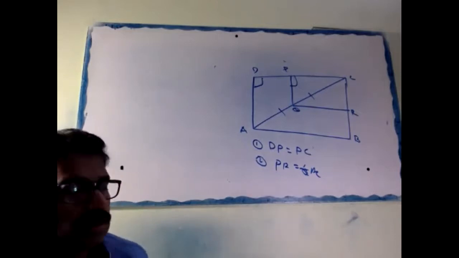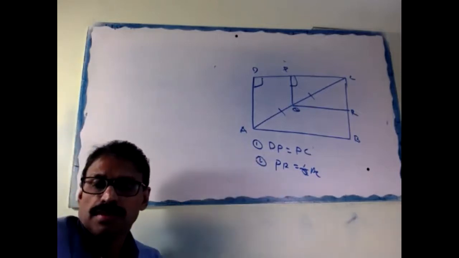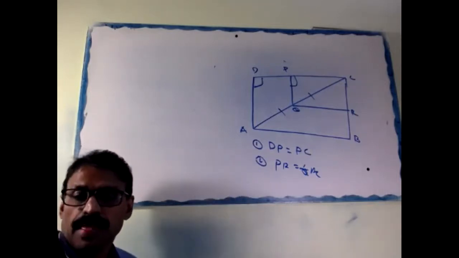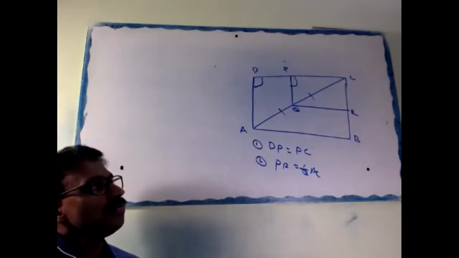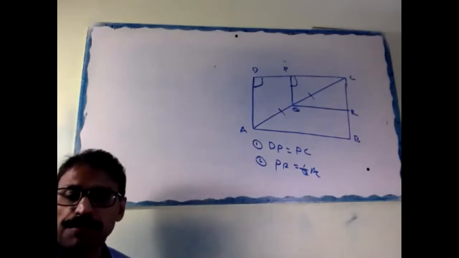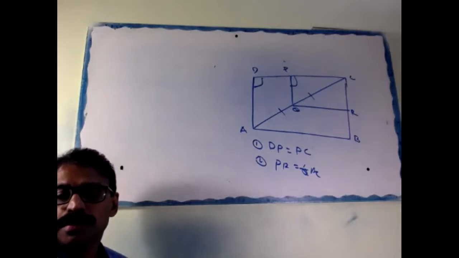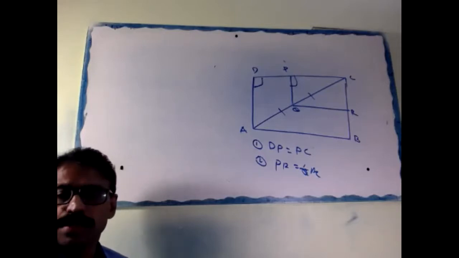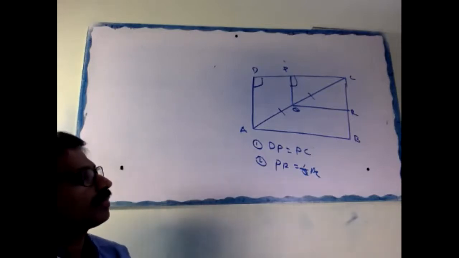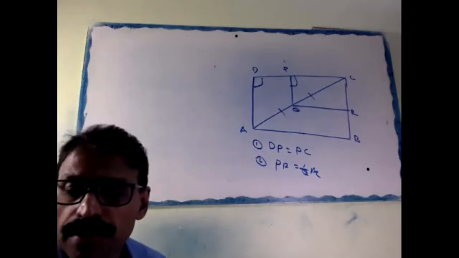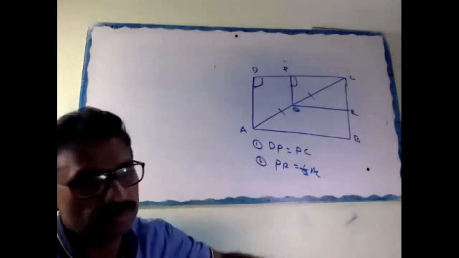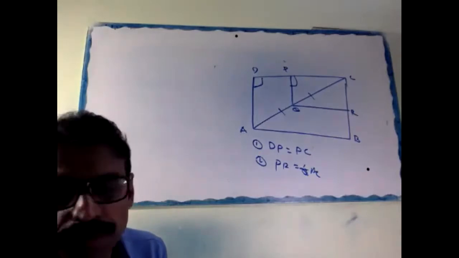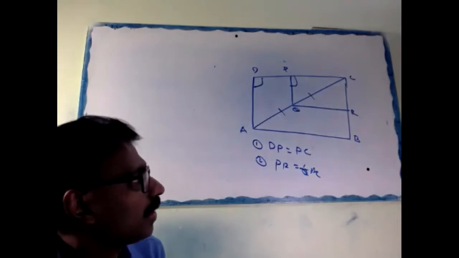Third question. This one, Angelina. What do you have to find out? First you have to find out that P is the midpoint. In triangle ADC, AD is parallel to QP, because 90 here and 90 here, corresponding angles are equal.